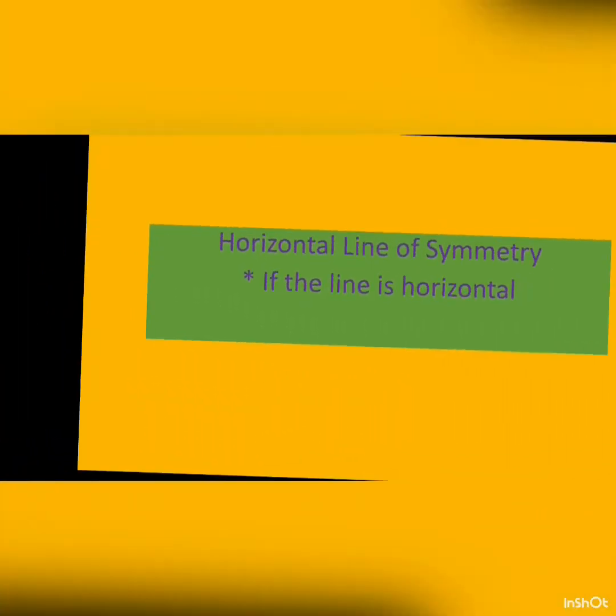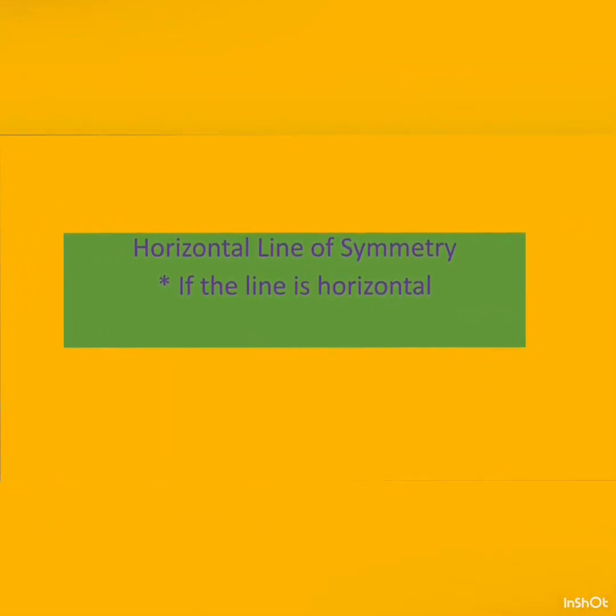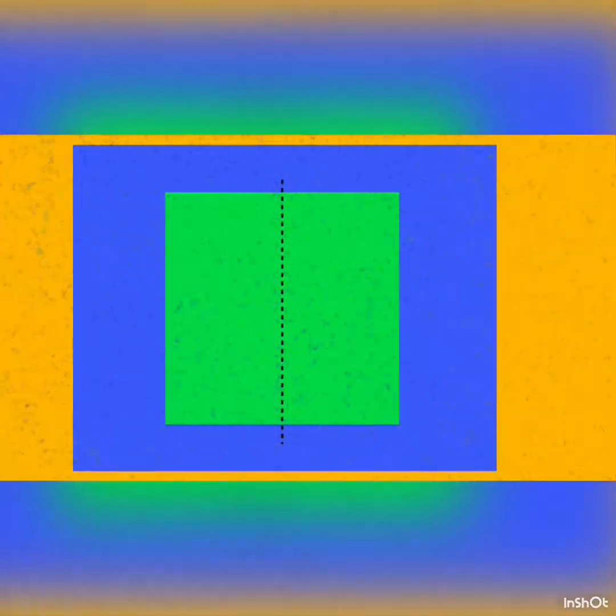If we fold a figure along a vertical line, then that figure has vertical line of symmetry. On the other hand, if the line is horizontal, then we can say that the figure has horizontal line of symmetry. But some figures have both vertical as well as horizontal lines of symmetry.